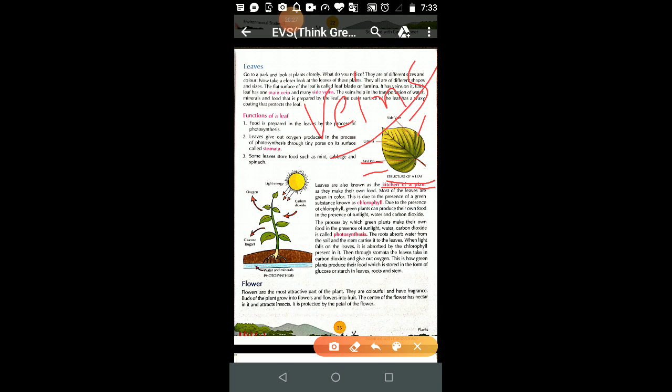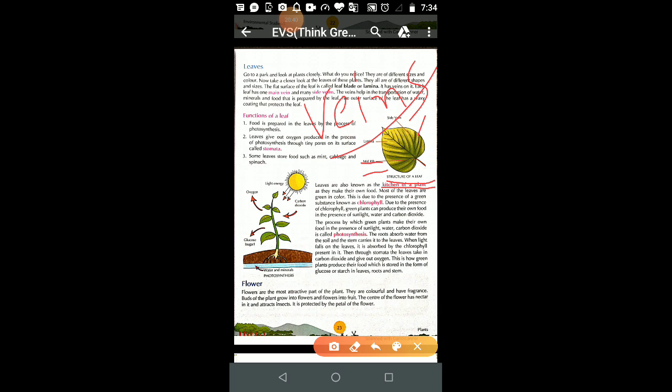Animals and human beings, we are totally dependent on plants for our food, because animals and human beings cannot prepare their own food. And student, how is this possible?